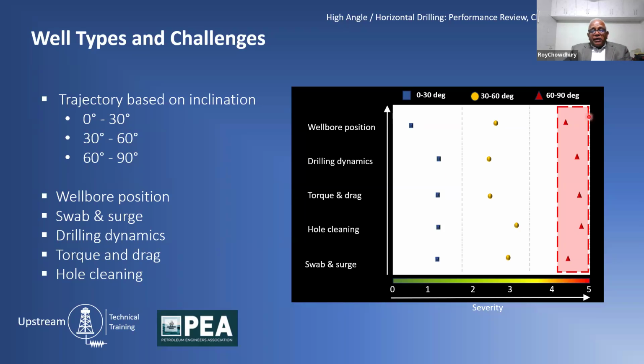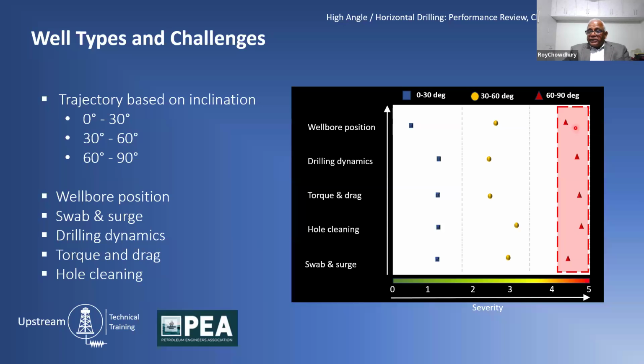Now, if you look at the curve on the right, and this is purely arbitrary, but given everything being equal, the wellbore positioning challenge, the survey challenge, is maximum for wells at 60 to 90 degrees, because if it is a 90-degree horizontal and you turn east-west, your survey errors are possibly the highest.